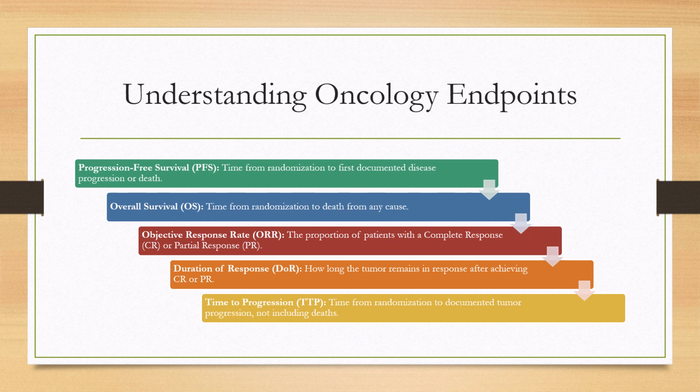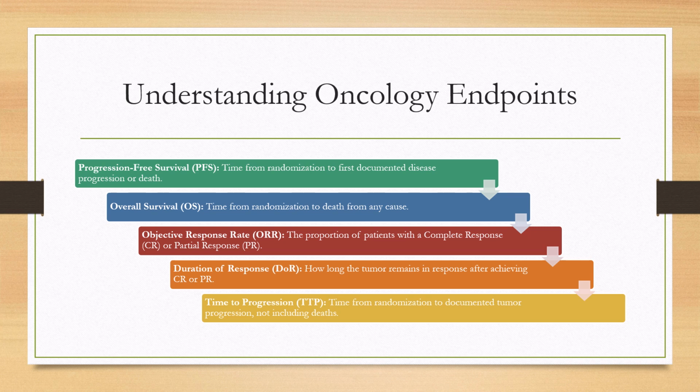It specifically tracks patients who have a partial response, which is known as PR, or a complete response, that is CR. CR is the case where the tumor disappears entirely, whereas partial response is the case where the tumor shrinks by a certain percentage, typically at least 30%. ORR is a key indicator of how well a treatment is working to reduce the size of a tumor.